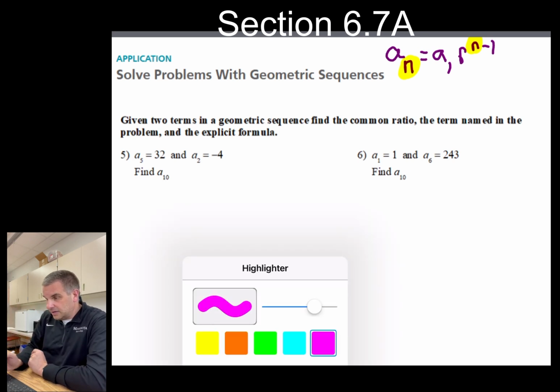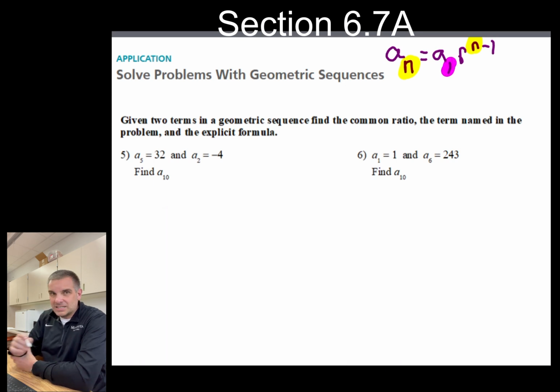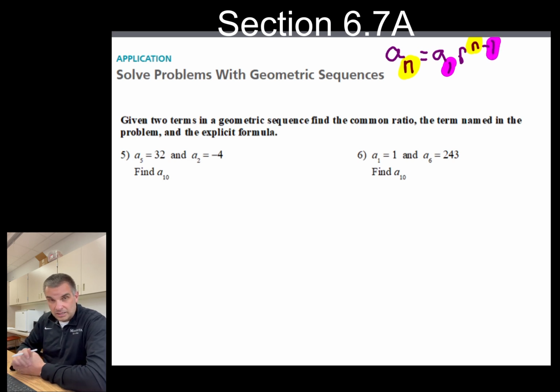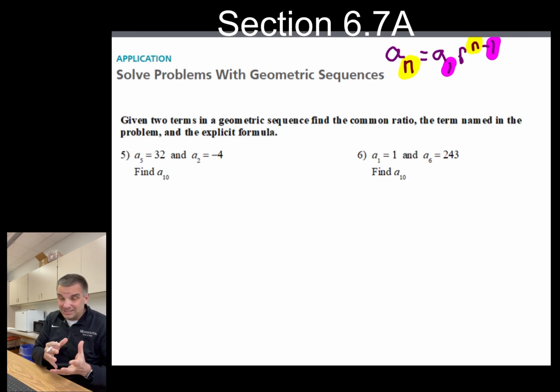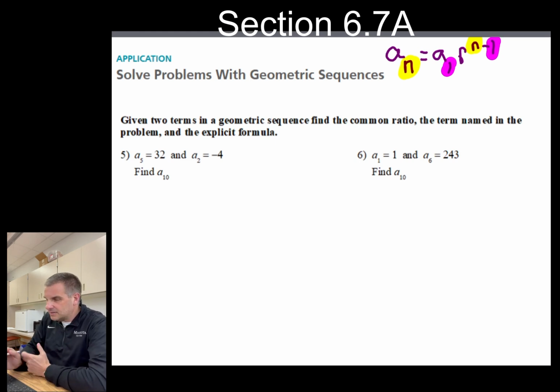The same thing goes for this 1 right here. This doesn't necessarily have to be the first term, but you have to know what term it is, because whatever this value is here, this value has to be here. It doesn't necessarily have to be a 1. It's helpful when it is, but it doesn't have to be.